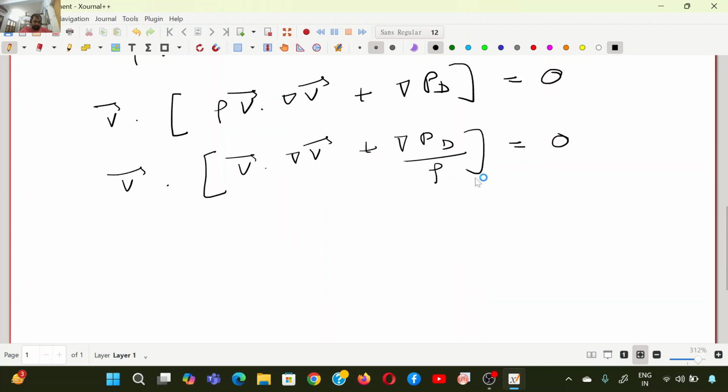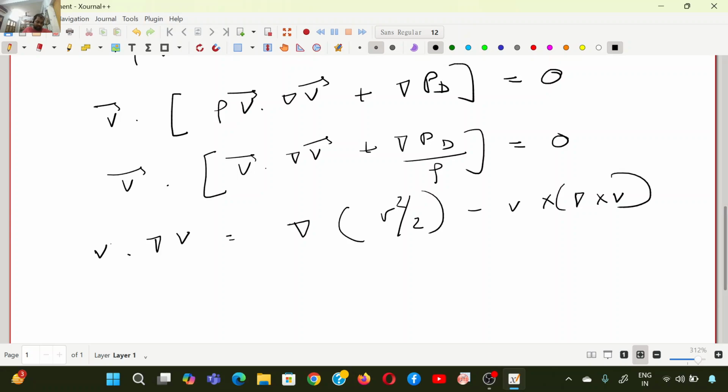There will be a manipulation of this V dot del V. It's understood that these are vectors, so I don't need to put the arrow sign everywhere.